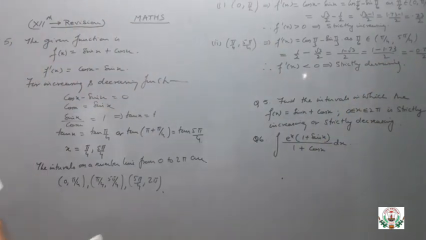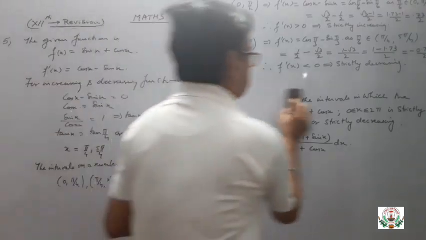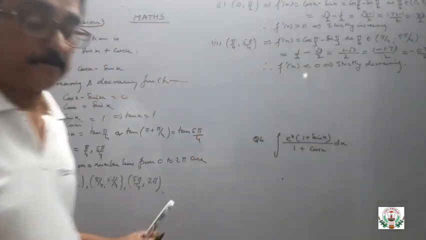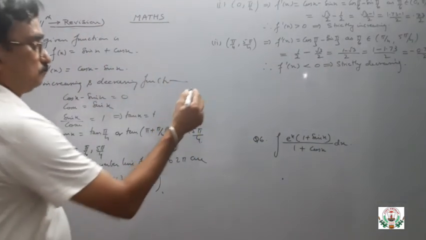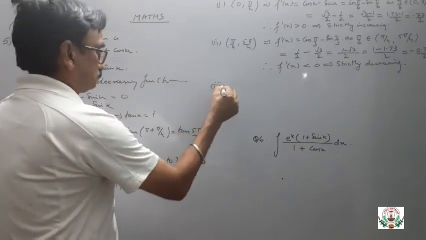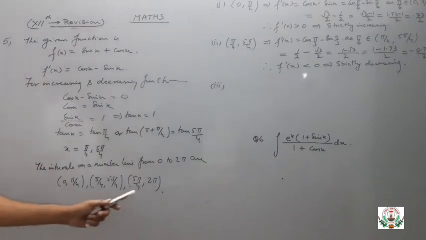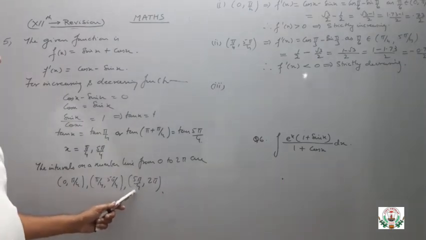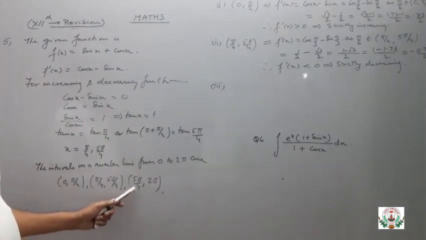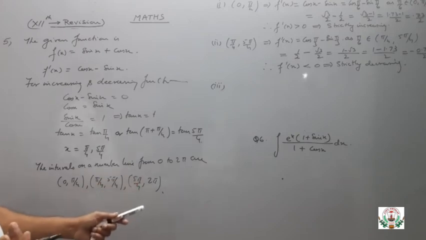Now we come to the third interval, 5 pi by 4 to 2 pi. 5 pi by 4 is 225 degrees. We can take 7 pi by 4.